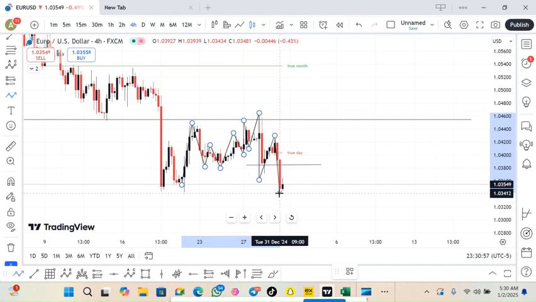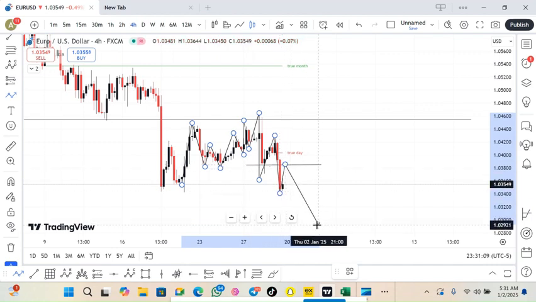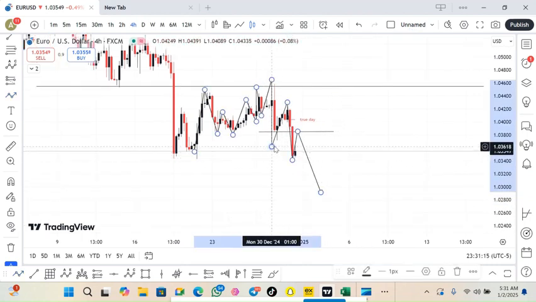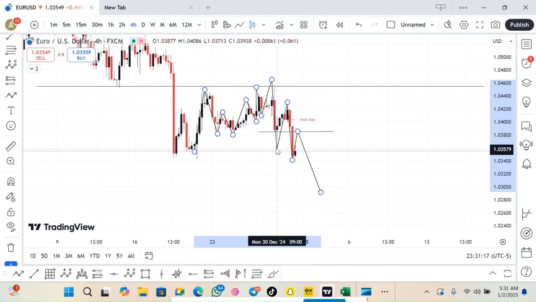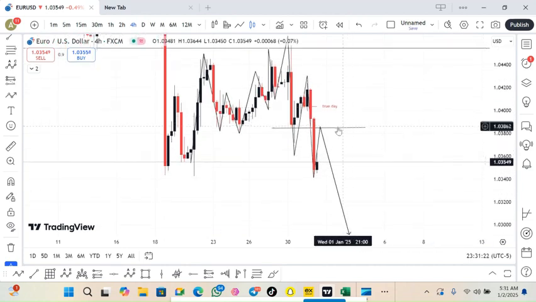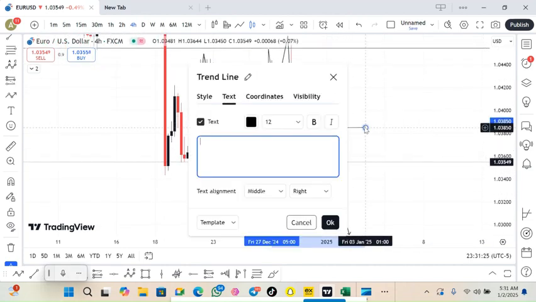Boom. So what is the 4 hours doing now? According to what I mentioned in the last class of 2024, the 4 hours is going to do a retest. This is where the retest is going to happen, and it is serving as a supply zone, a resistance zone.